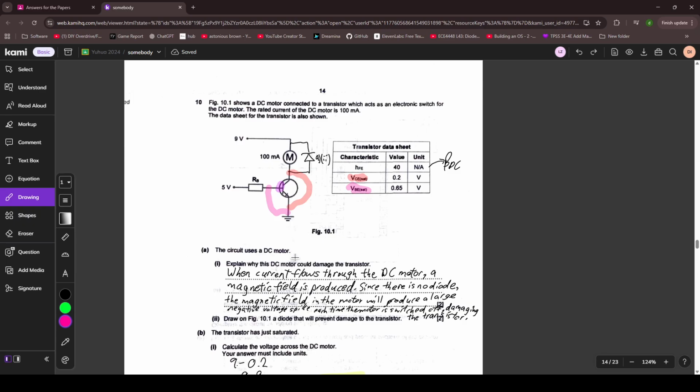Okay, it uses a DC motor. Explain why this DC motor could damage the transistor. When current flows through the DC motor, a magnetic field is produced.